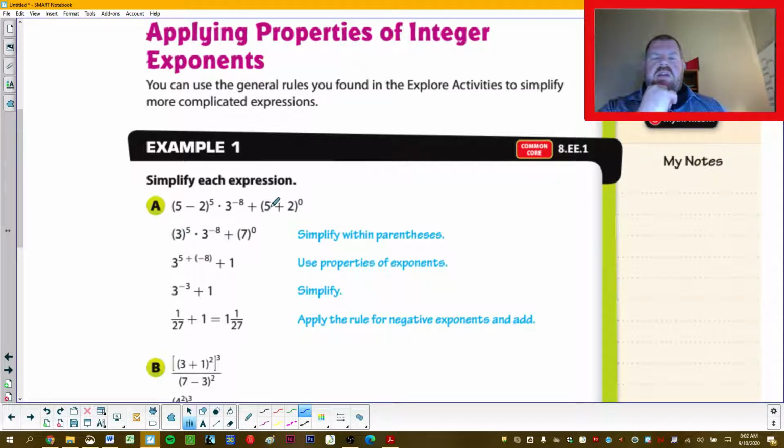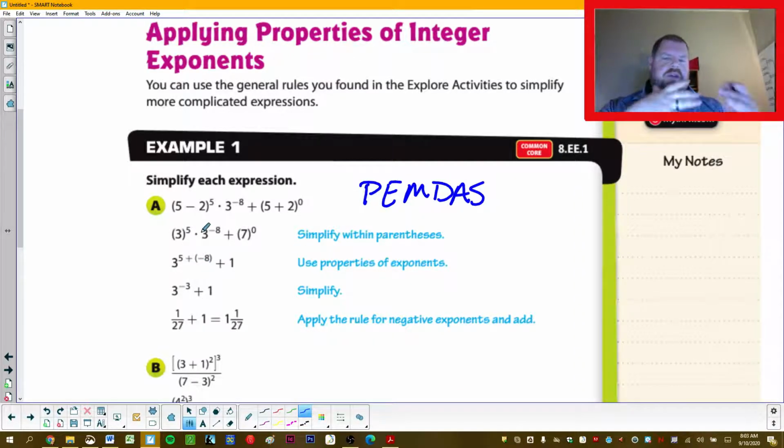And at the same time, we did 5 plus 2. Which gave us 7. So we worked with parentheses first, following our order of operations, PEMDAS. So we did our parentheses first. Exponents come second, and so we can do any operations with exponents that we need to.